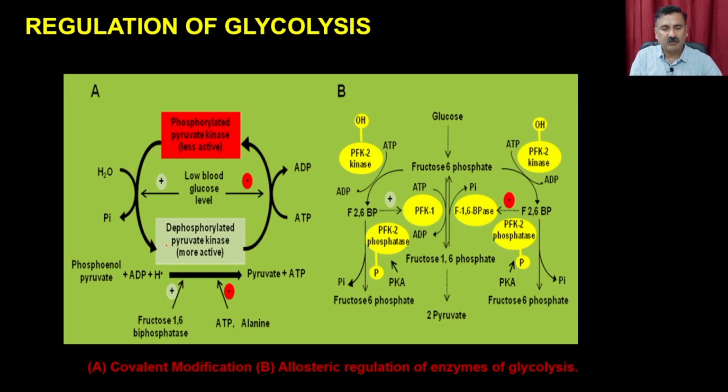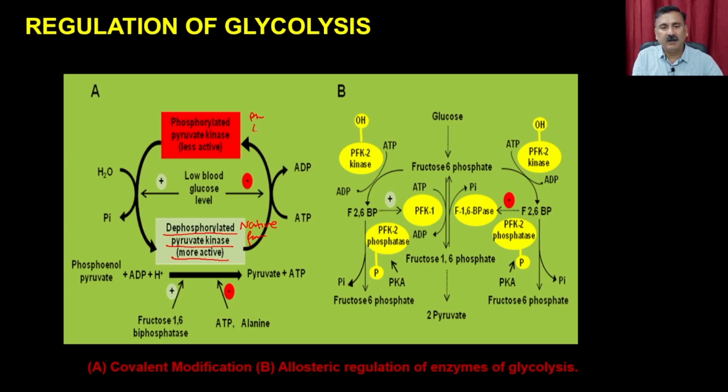For example, one of the crucial enzymes is pyruvate kinase. Pyruvate kinase can be present in two forms. One is called the phosphorylated form, the other is called the dephosphorylated form, and the dephosphorylated form is more active compared to the phosphorylated form. So the phosphorylated form is less active, whereas the dephosphorylated or native form is more active.